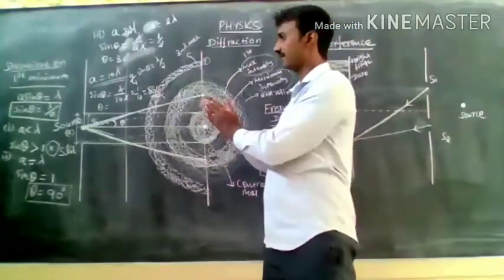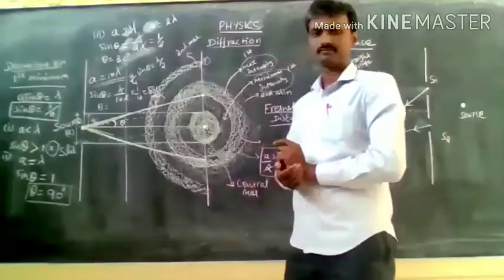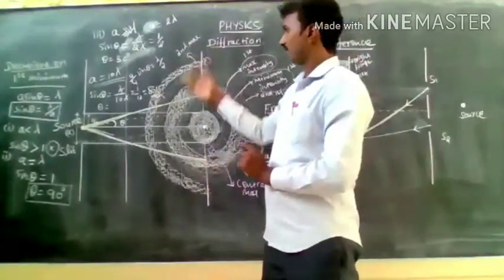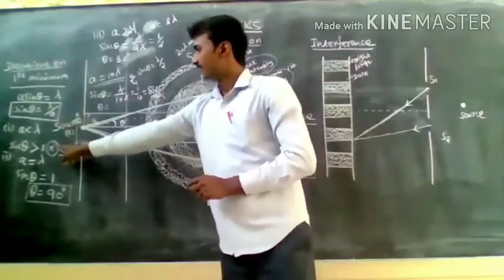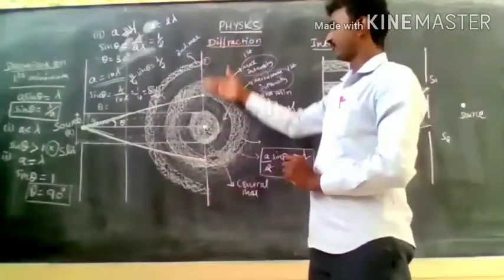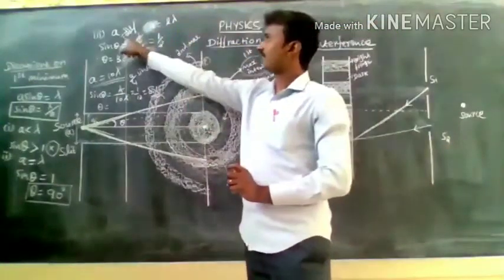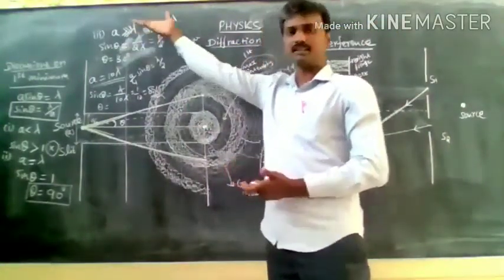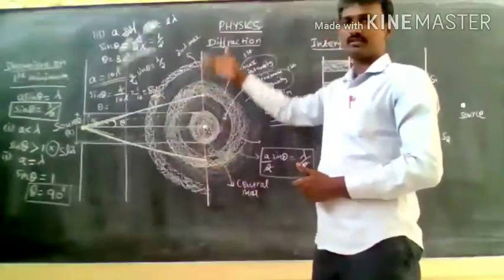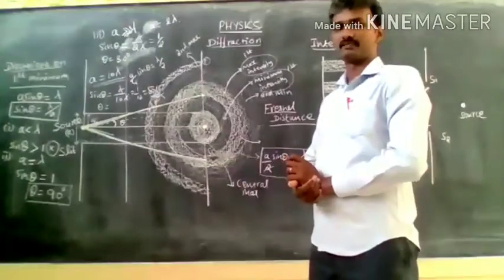The size of the slit is equal to or greater than the wavelength for diffraction. But suppose the size of the slit is lesser than lambda, we cannot obtain the diffraction pattern on the screen. Similarly, if the size of the slit is very much greater than lambda, this condition also does not give the diffraction pattern.